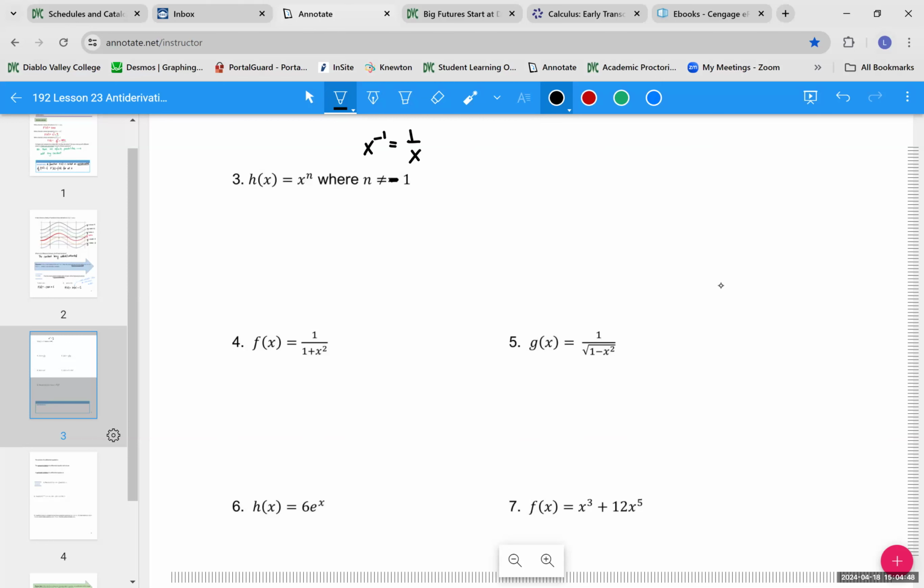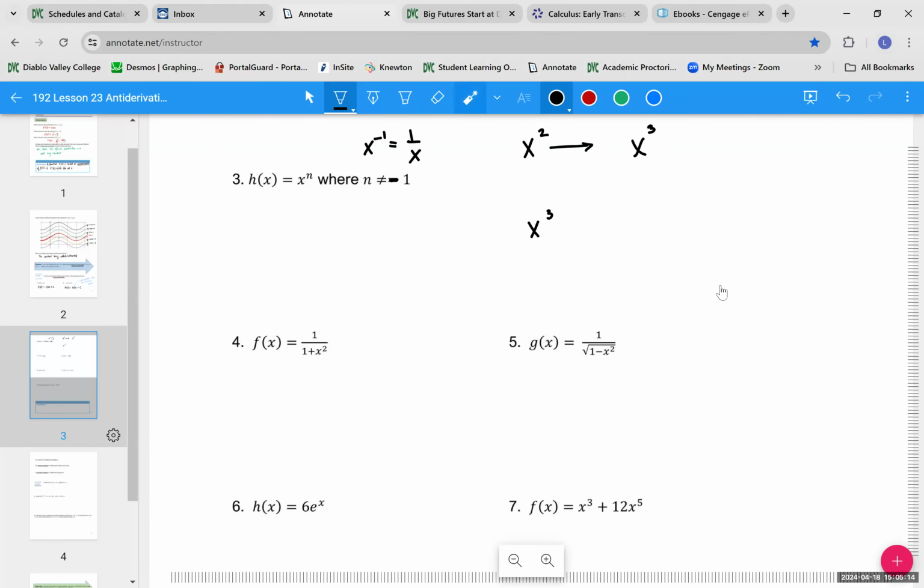Okay. But if we were to look at other ones, let's look at an example. X squared, I think we just did x to the 5th. Well, let's try x cubed. So if I'm starting with x squared and I want to write a function that has the derivative that is x squared, I know I have to go up 1 in the power.